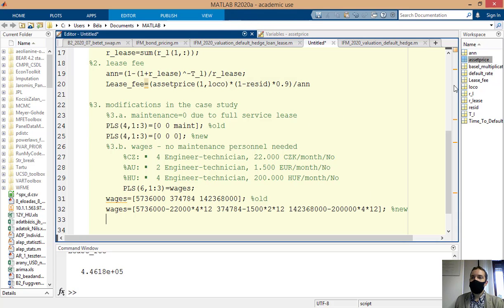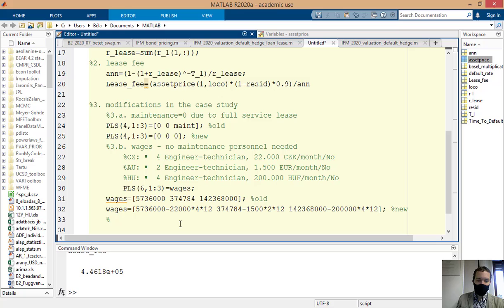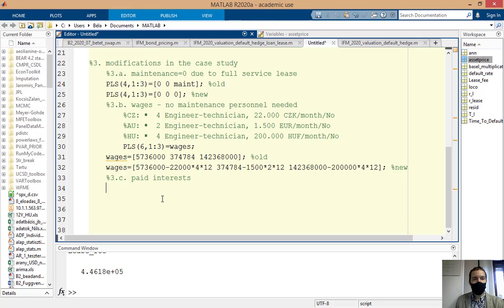Okay, what is the next item? Depreciation remains because it doesn't matter. Building, yes. Subsidiaries, gained interest, paid interest, yeah. Actually, it will be affected in many different ways. So let's say that, first of all, debt, overall debt will be affected. We don't have to take up so much loan anymore.